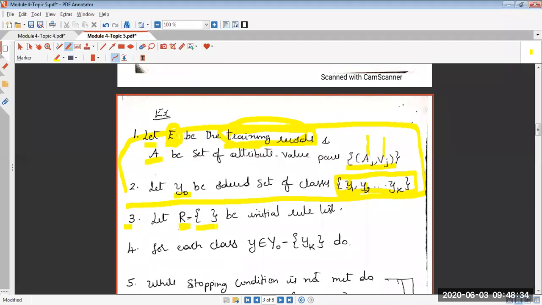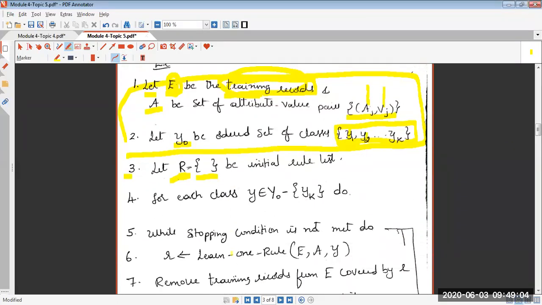For example, in C programming, when you declare a variable, you sometimes initialize it, maybe to 0, for example int a equal to 0. So the third line indicates the algorithm initializing a procedure for constructing the rules. So we have a new label here, R for rules.